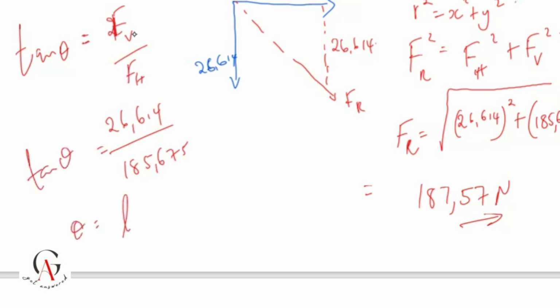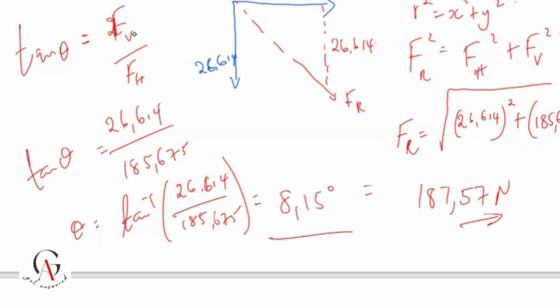For us to get the theta, it will be the shift tan or the arc tan of this result. Okay, so punching that into the calculator, I'm getting 8.15 degrees. So this is the resultant force at that angle.